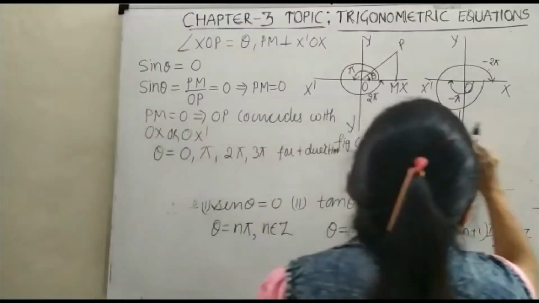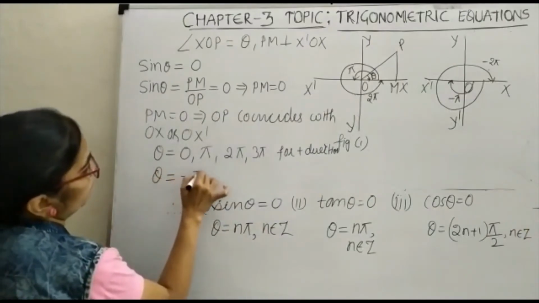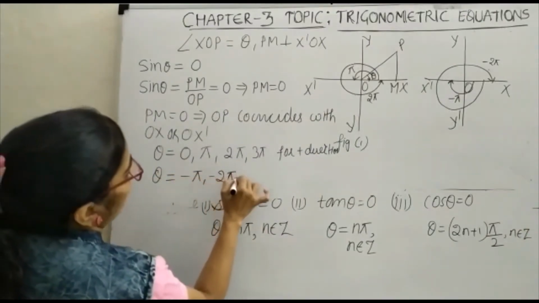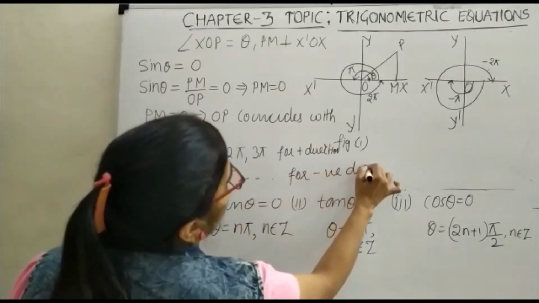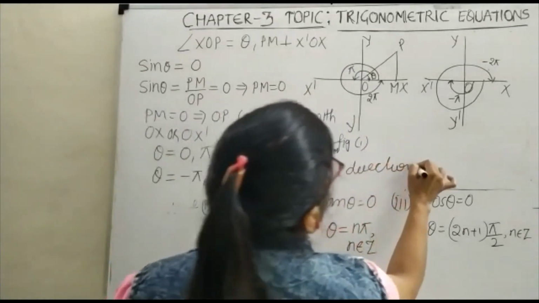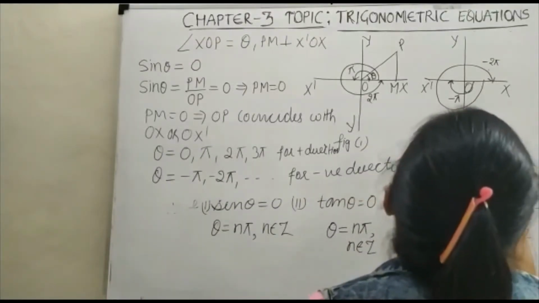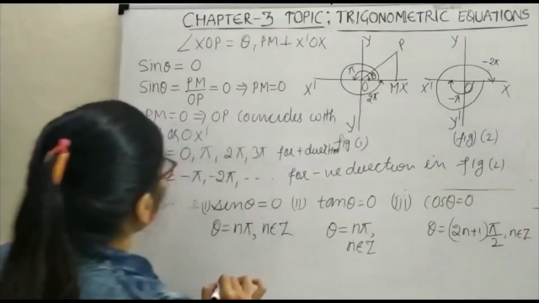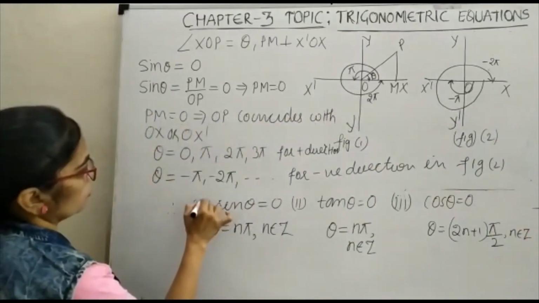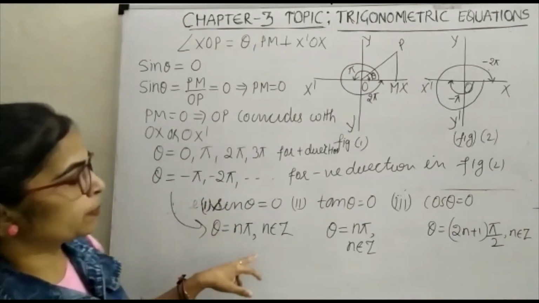And theta is equal to minus pi, minus 2 pi in this way for the negative direction in figure 2. Now just see, we'll combine these two. When we combine these two, we get the first result, that is theta is equal to n pi, where n belongs to Z.